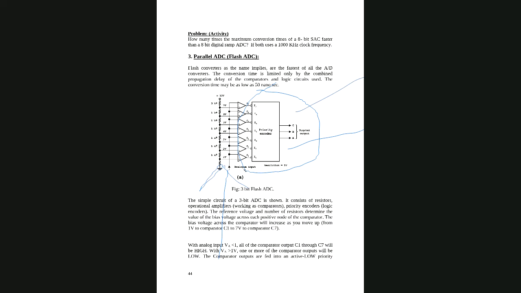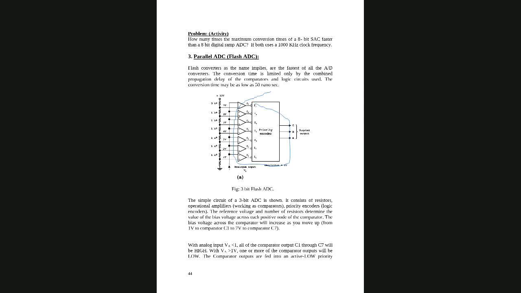And this digital output will depend on the priority encoder. We have this priority encoder. Now how the output depends upon the priority encoder.